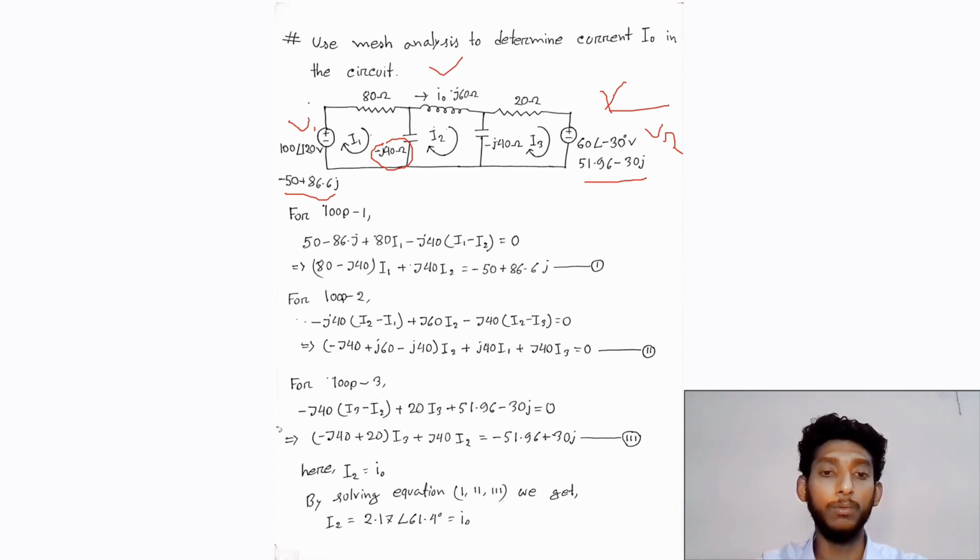This is equation 2, and in the same way we will get equation 3, and here I2 equals I naught. By solving equations 1, 2 and 3 we get I2 equal to 2.17 at an angle of 61.4 degrees, which is I naught. So we can easily say that the I naught current is 2.17 with an angle of 61.4 degrees.